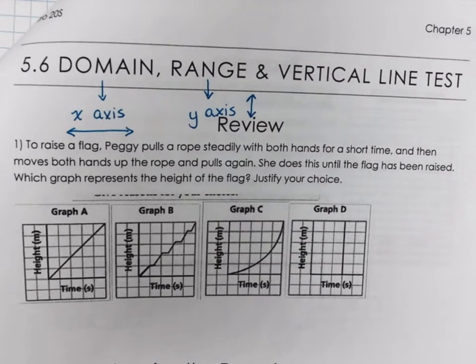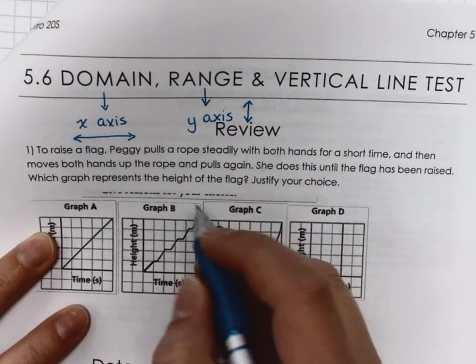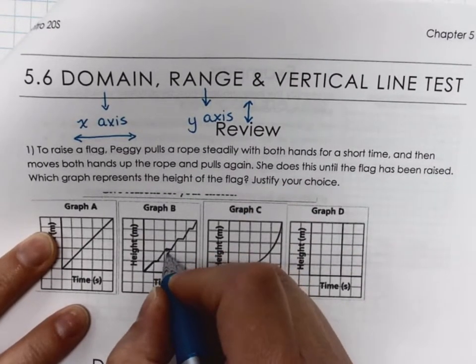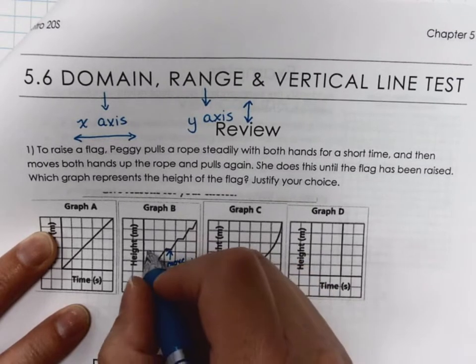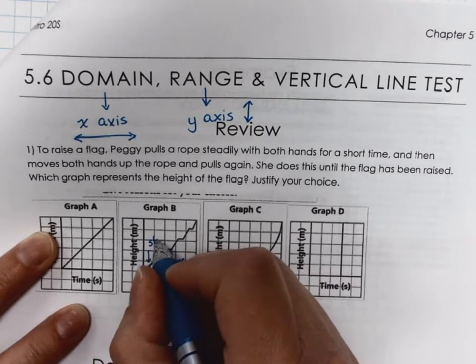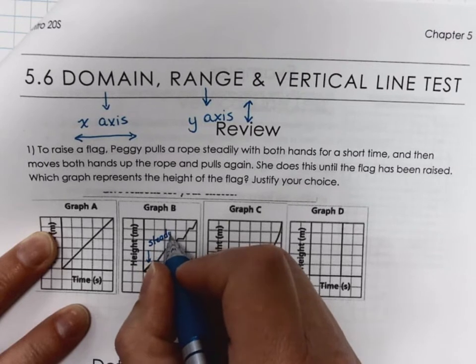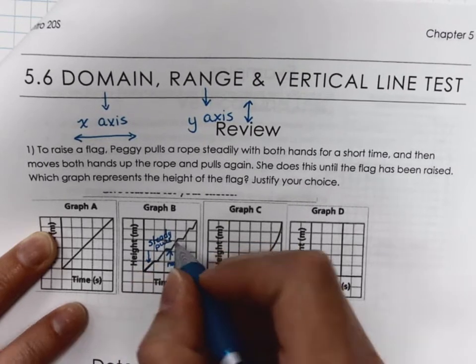So that's your steady pull right there. And then these flat pieces are when I'm moving my hands. Move hands. And that's the steady pull. And I do that until the flag is at the top of the mast.